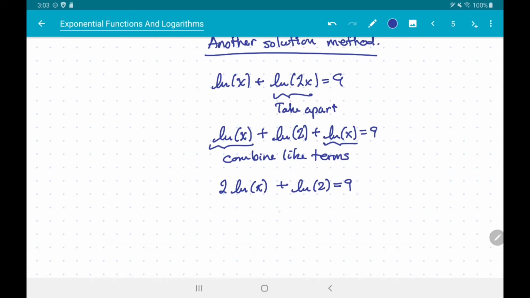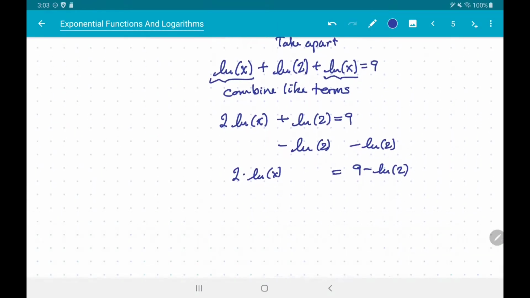So I will subtract ln of 2 from both sides. That leaves us with 2 times ln of x on the left. That's equal to 9 minus ln of 2 on the right. Next step is to undo multiplication by 2. So to do that, I'll divide by 2.